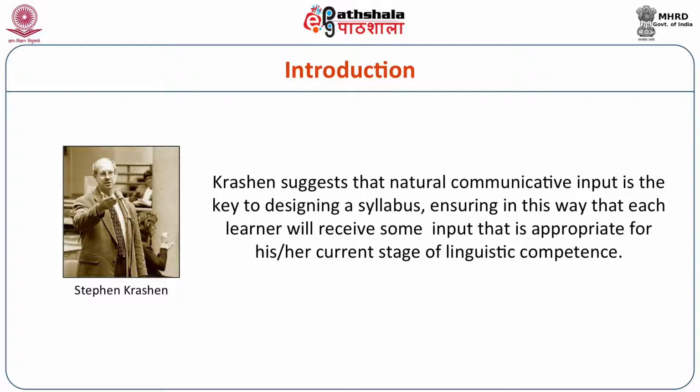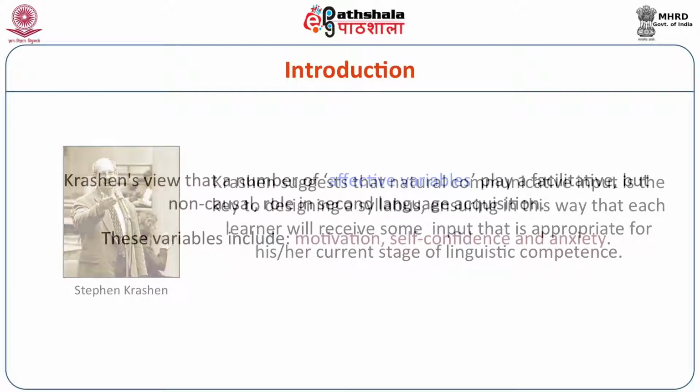Krashen suggested that natural communicative input is the key to designing a syllabus, ensuring in this way that each learner will receive some input that is appropriate for his or her current stage of linguistic competence.